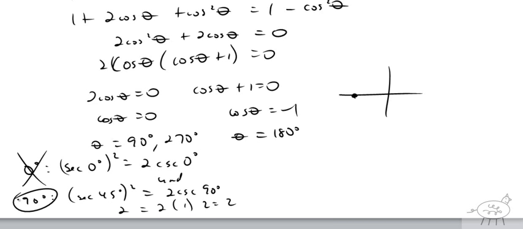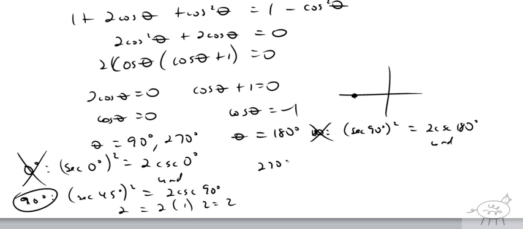So 90 is a good one. All right, let's do 180 degrees. We're going to do secant of 90 degrees squared equals 2 cosecant of 180 degrees. Well, again, sine of 180 is 0, so it's undefined. So 180 is out of there.